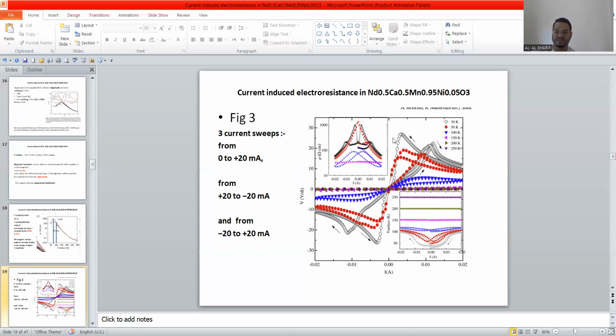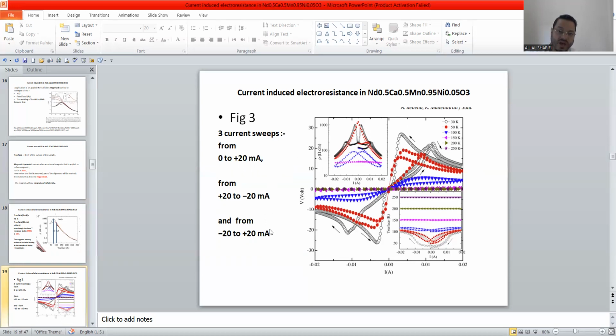Because of that we have this butterfly behavior, butterfly phenomena. Let's talk about it one after one, and after that calculate the current with the T surface of these samples.